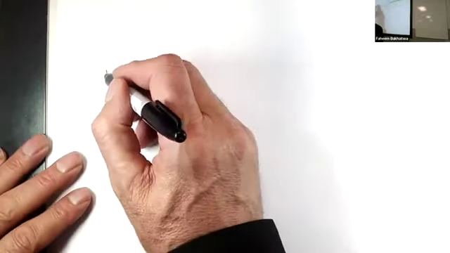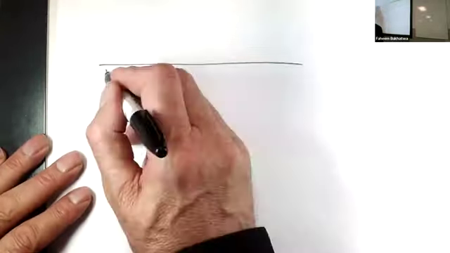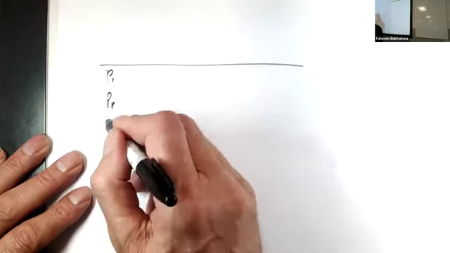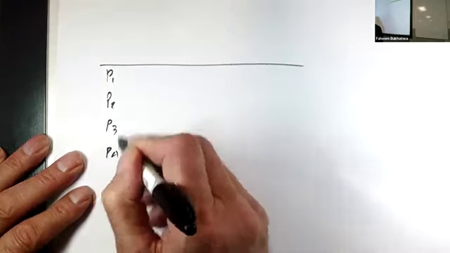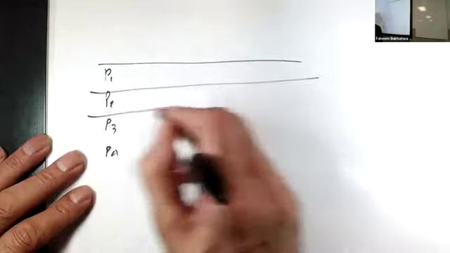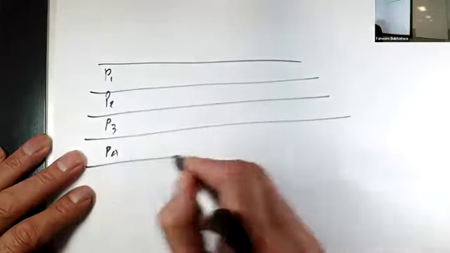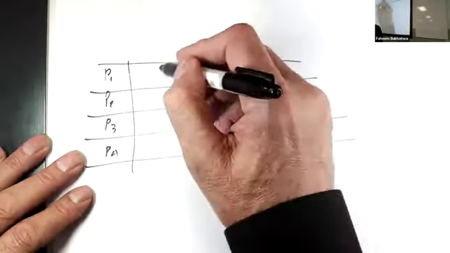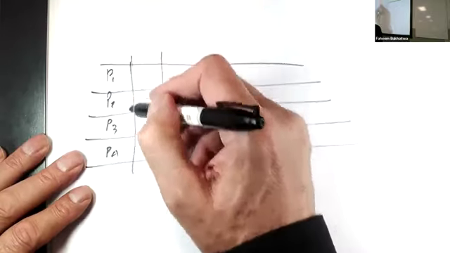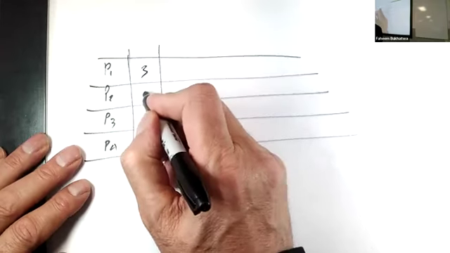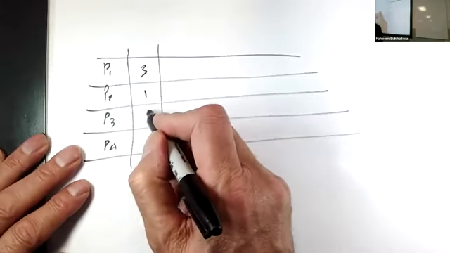Let's say, again, we have a number of processes. Process 1, process 2, process 3, process 4. 4 processes. Okay, I might have to change some of the numbers here. So process 1 needs maybe 3 printers. This one needs 1 printer. This one needs 2 printers.